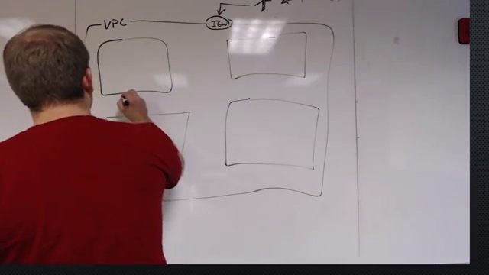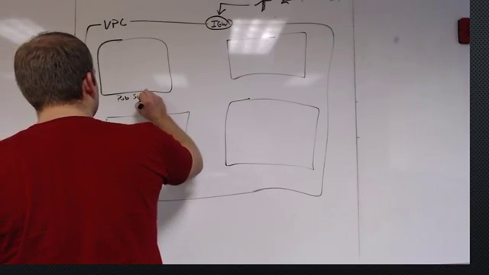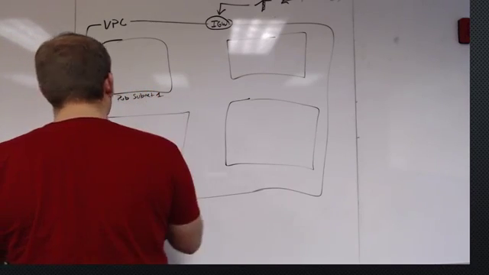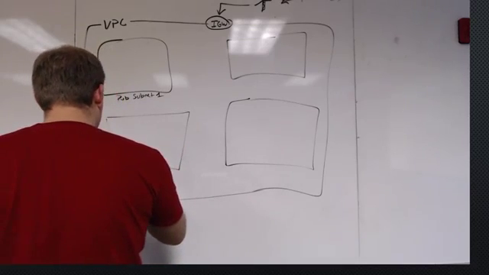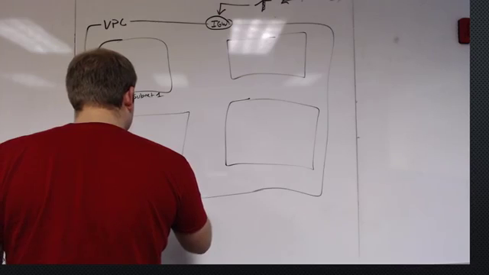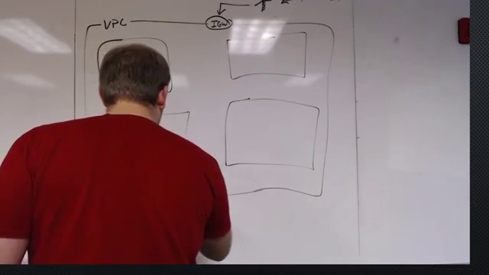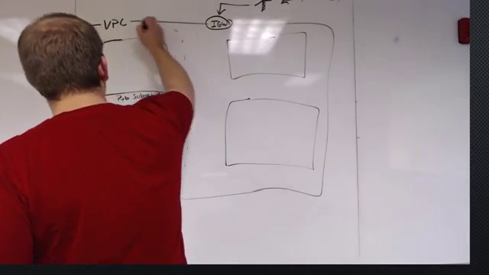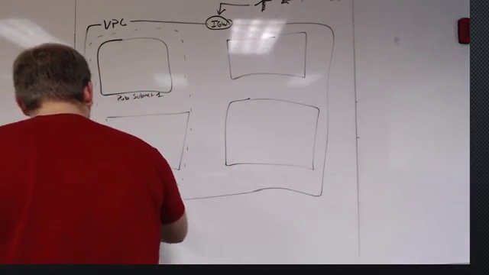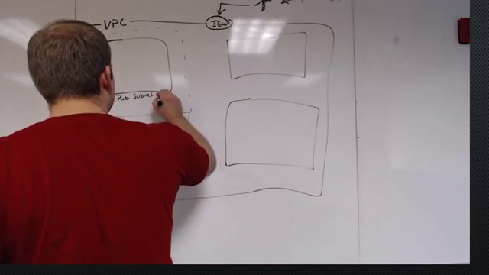Then we have subnets. This is our public subnet, let's call it A. Private subnet A. Let's call them A, not 1, because it'll make it a little easier to understand.